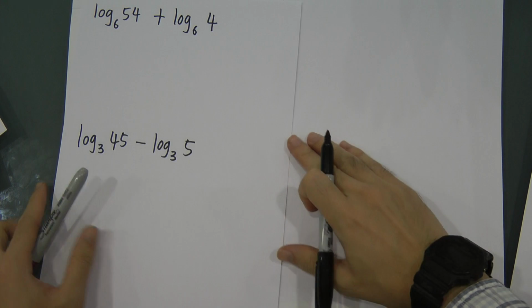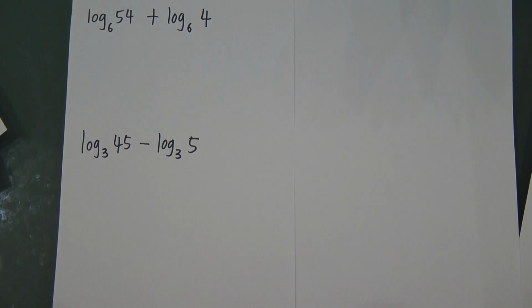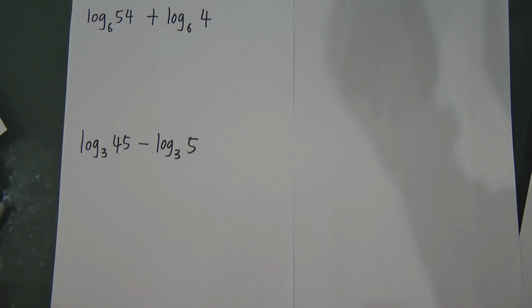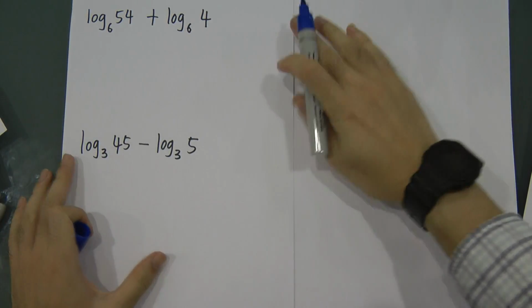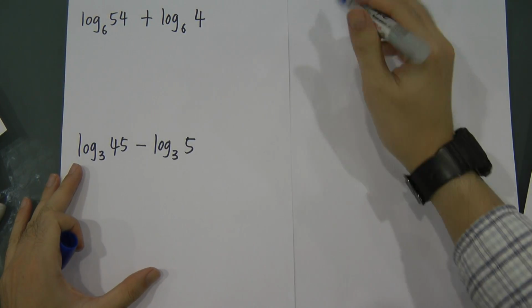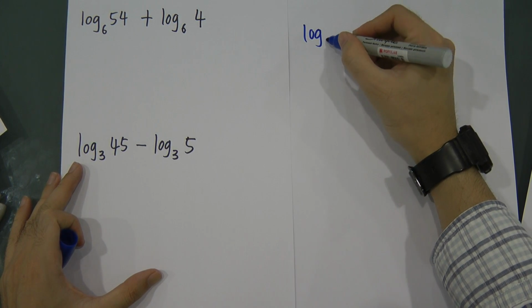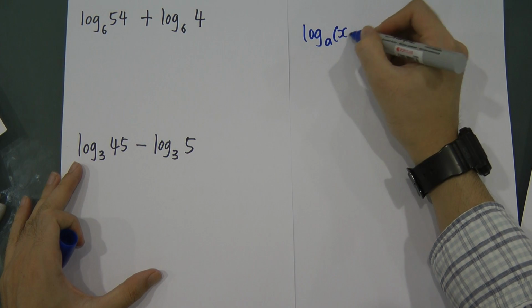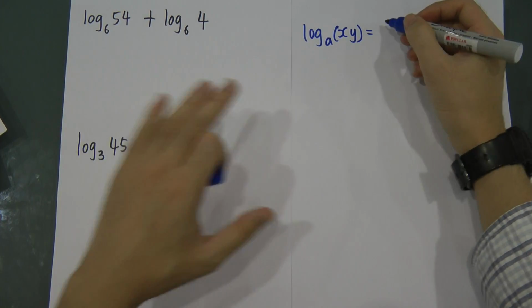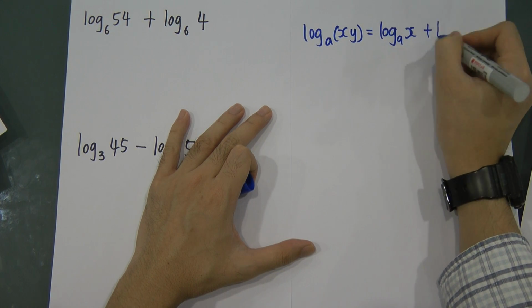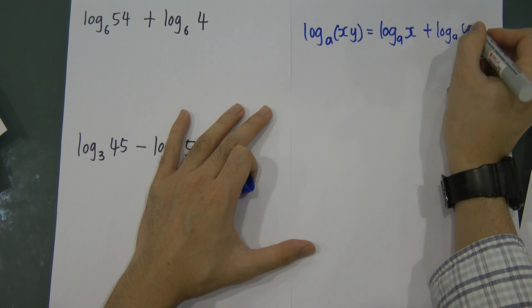Okay, what happens if you get a question something like this? Just now we learned a law that says log a xy equals log a x plus log a y, isn't it?